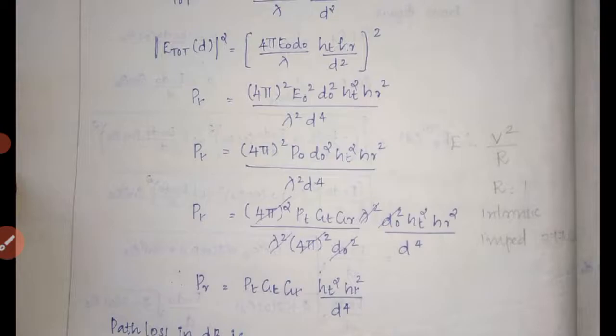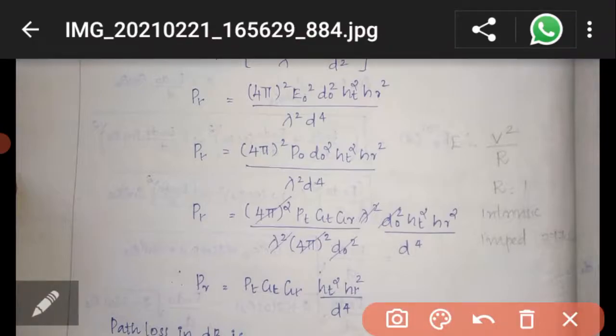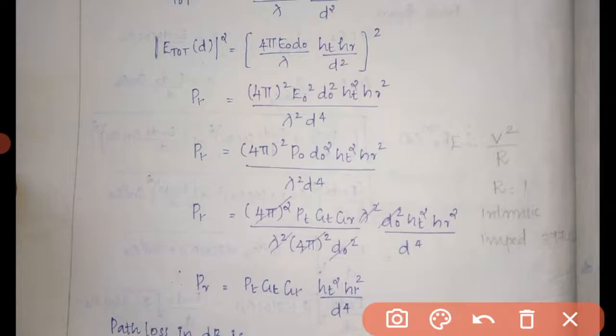We can expand this as 4 pi the whole square E naught square d naught square ht square hr square by lambda square into d power 4. So PR is equal to 4 pi the whole square E naught square, that is equal to P naught, d naught square ht square hr square by lambda square by d square.